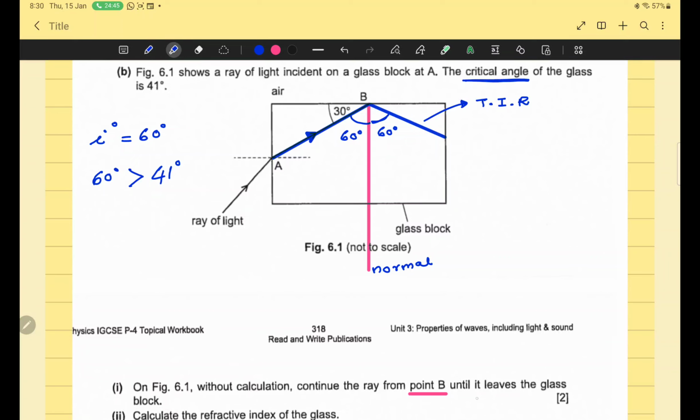Okay, but the question is you have to leave the glass. This ray you have to draw leaving the glass.